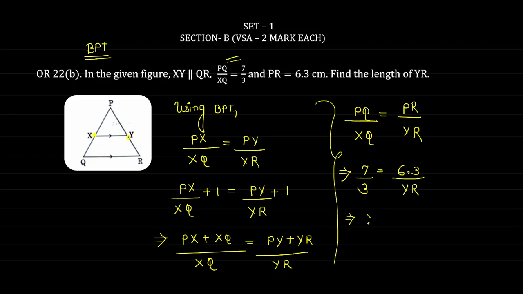So YR can be calculated as 6.3 into 3 divided by 7. So this will give 0.9 times 3, and the answer is 2.7 centimeters. So that is the answer for this question. I hope it is clear.